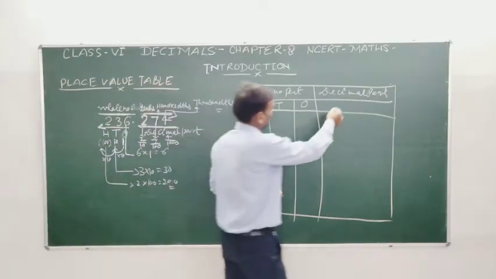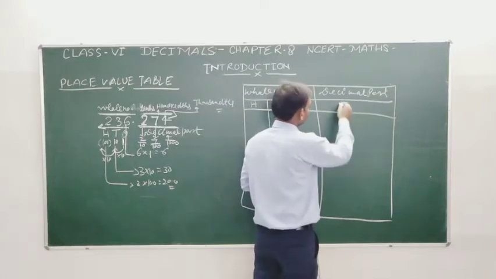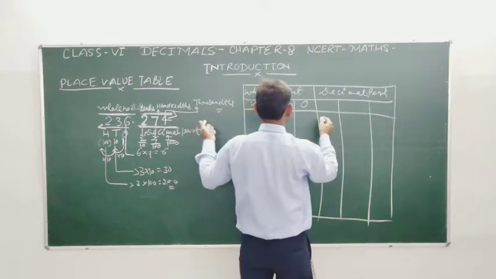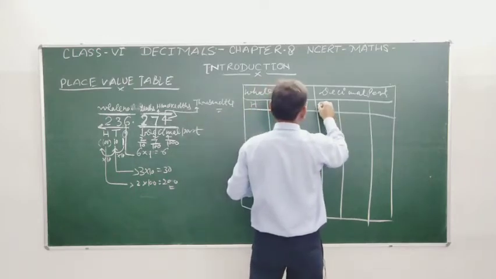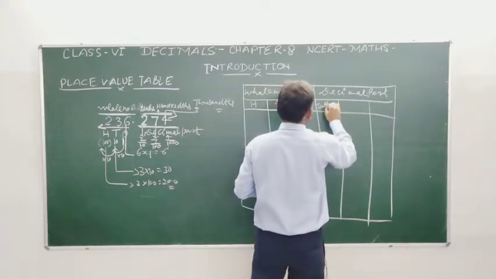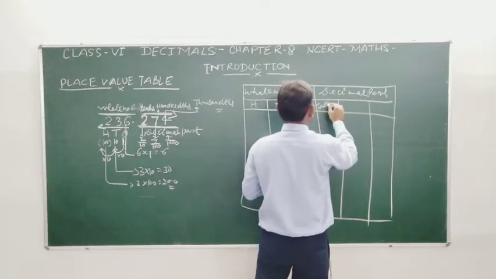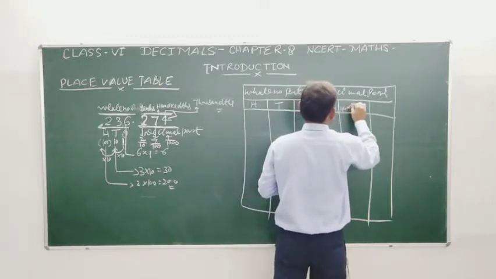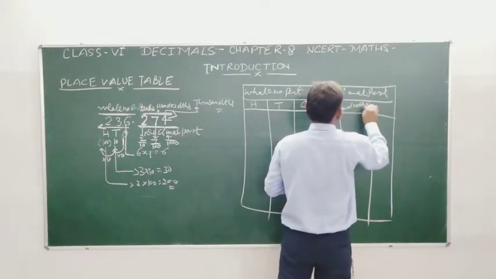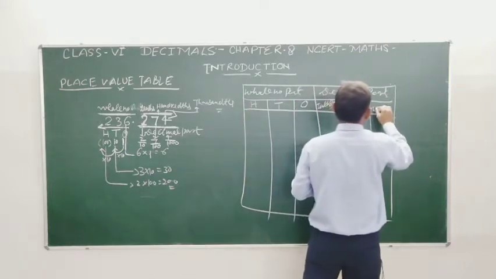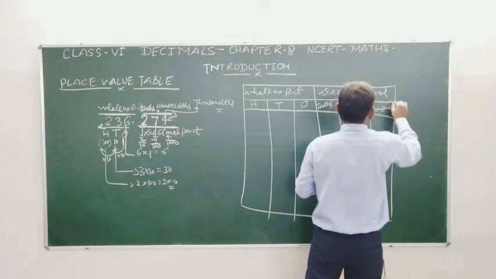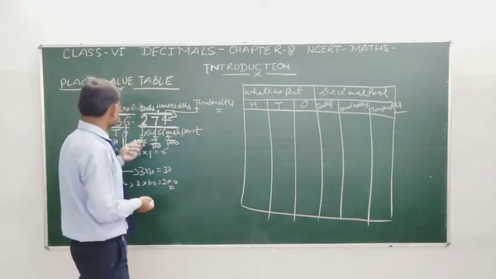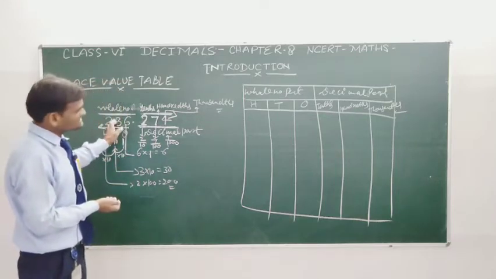So we divide the decimal part table in three parts also: tenths, hundredths and thousandths. Now student, fill all digits in this table like this.